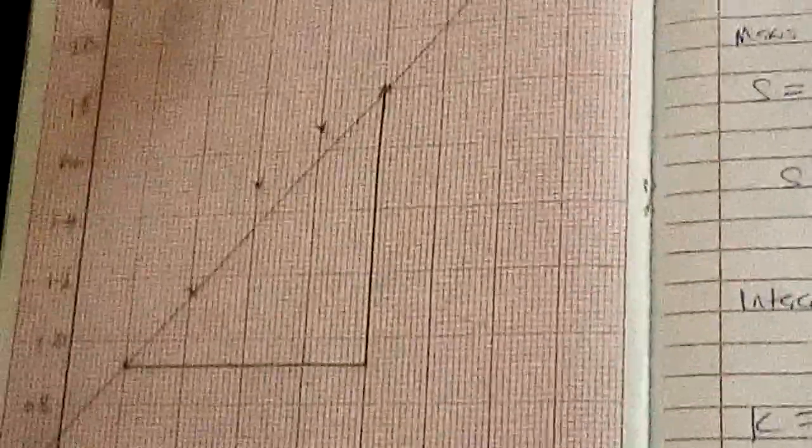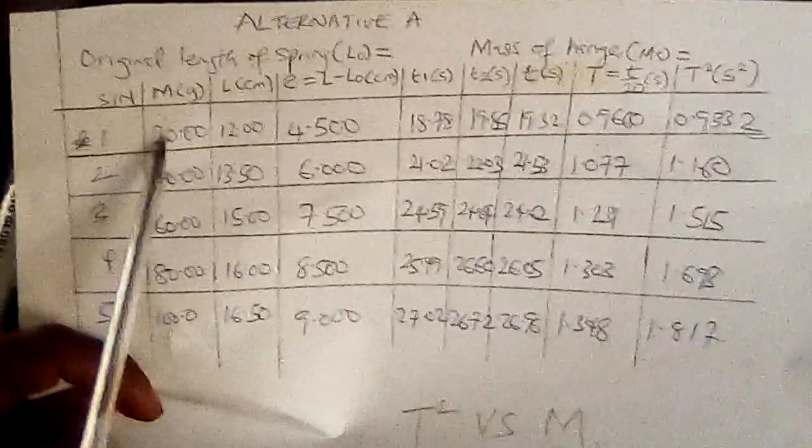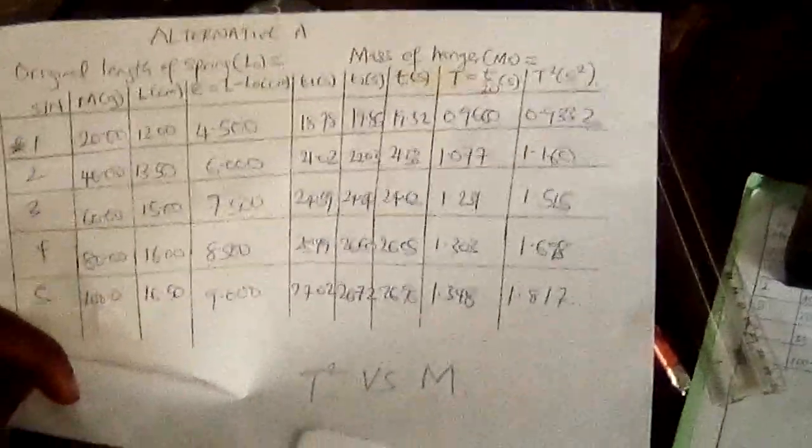Okay, here we have the graph of T squared against mass. The T squared values are on this axis, and then mass on this side. This is the relationship we're getting from the same experiment. The first graph we had was that of E against T squared, but this time we plotted T squared against mass.